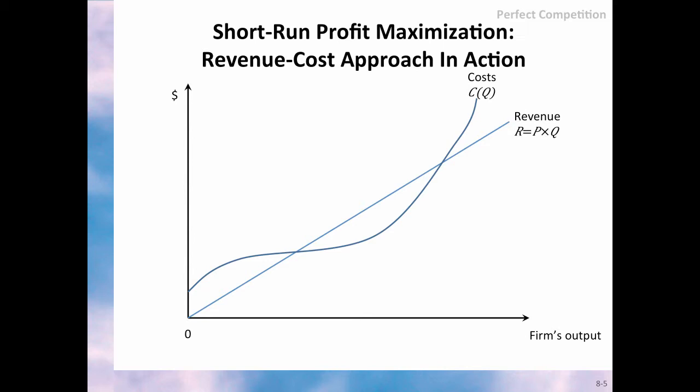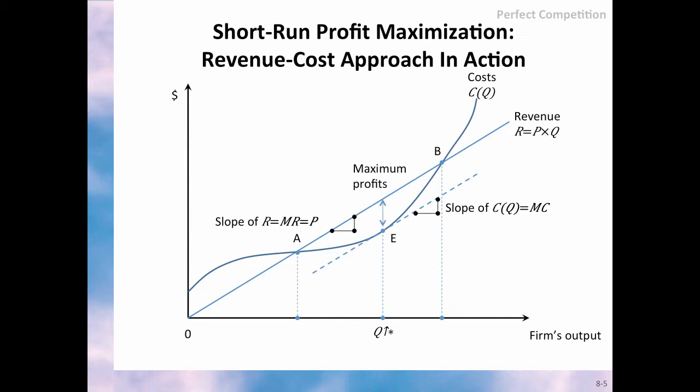Therefore, when you plot total cost and total revenue, you see 2 break-even points, point A and point B. And you also see that when the slopes of these functions are the same, in other words, when marginal revenue equals marginal cost, you identify the level of output Q that maximizes profits. That is, the difference between total cost and total revenue.